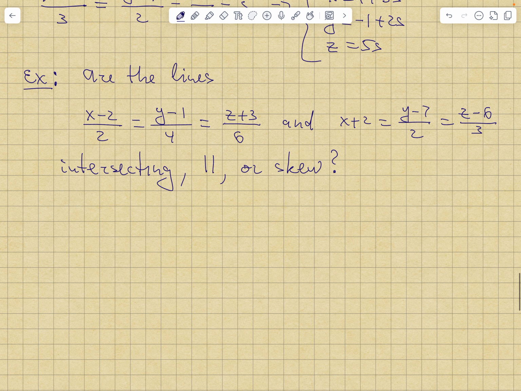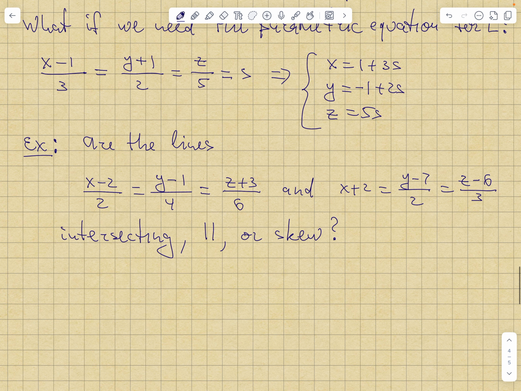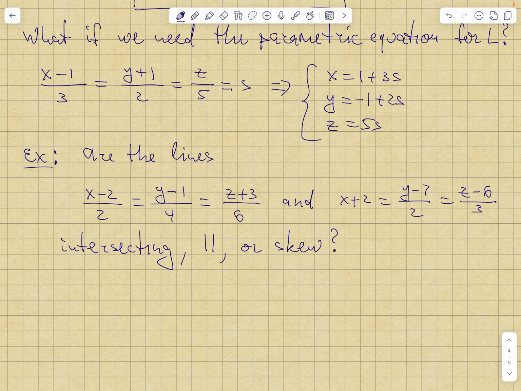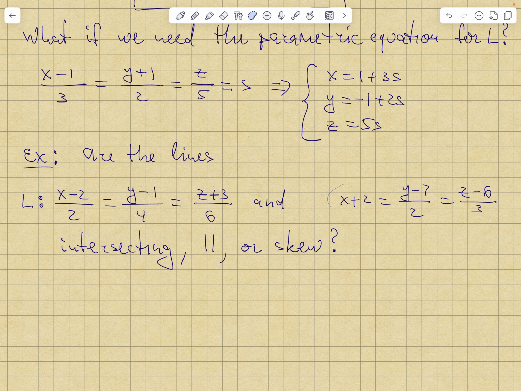Okay, so how do we answer this question? The first thing to look at is the following. So let's call this line L again. And the second line I'm going to call M. I will immediately notice the following.